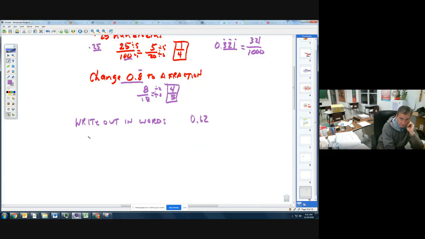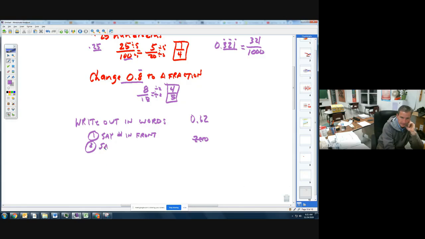The first thing you want to do, and I'll write this down in steps. Number one is you say the number in front of the decimal. So in this case, it would be 0. That's what's in front of the decimal. Step number two, the only time in math when we read numbers out loud and say the word and is when we're talking about decimals.